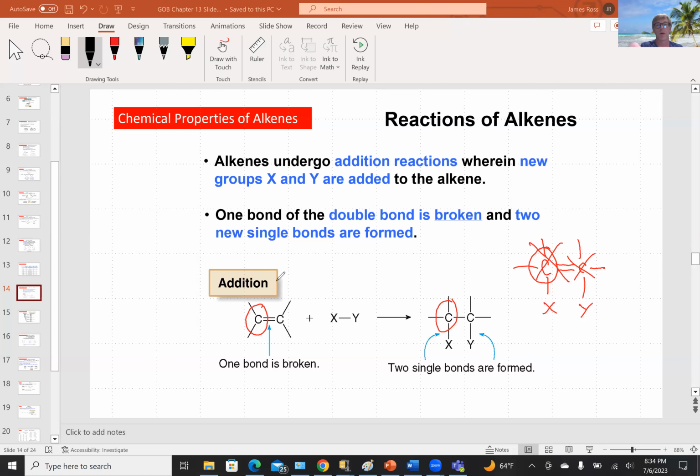When we have a double bond, I don't think I've used this vocab with you in the video so far. There's an extra piece of vocab that we can use to describe this double bond. We can talk about an unsaturated structure. The presence of 1 or more double bonds makes the structure unsaturated. The presence of only single bonds, we call that saturated.